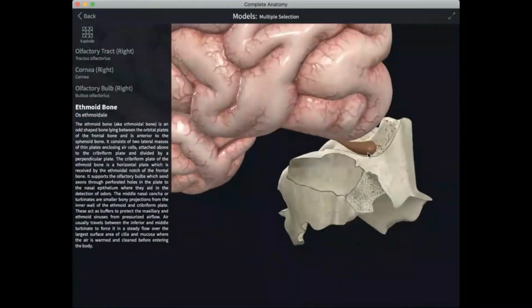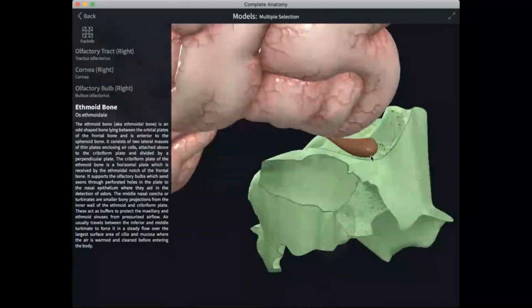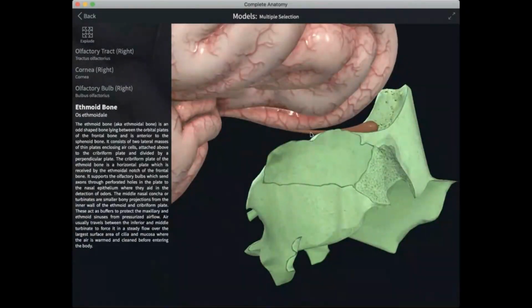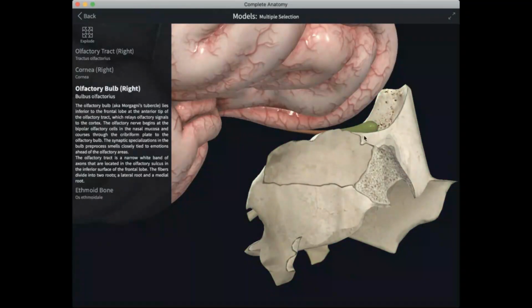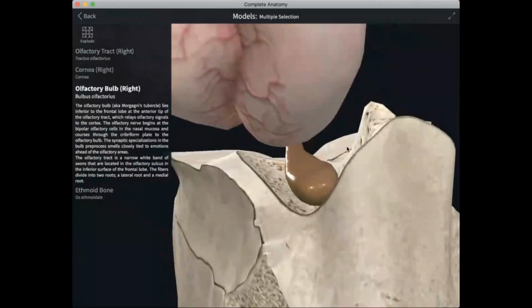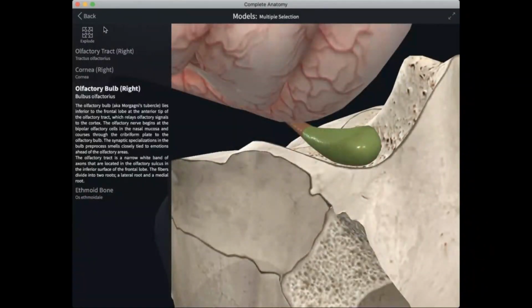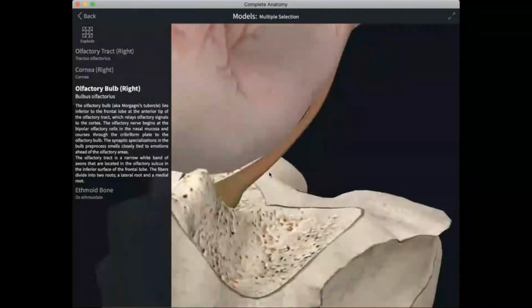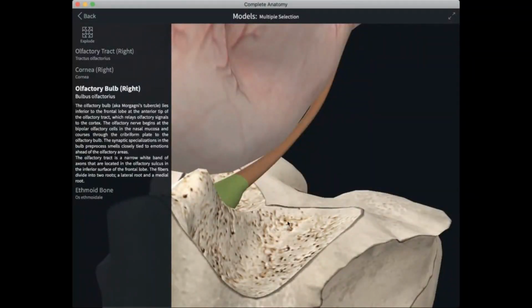If you observe carefully, this olfactory nerve at the base of the brain comes and ends as the olfactory bulb. In this bulb there are a lot of branches. You have the right nerve here and the left nerve here.